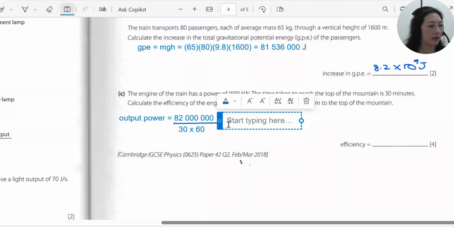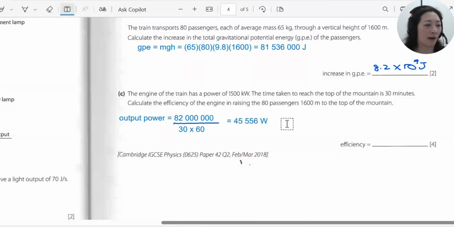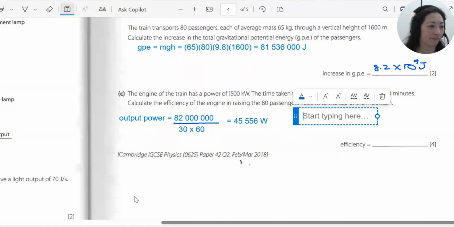And this would give us 45,556 watts. So now we're going to take this output power and divide it by the input power.